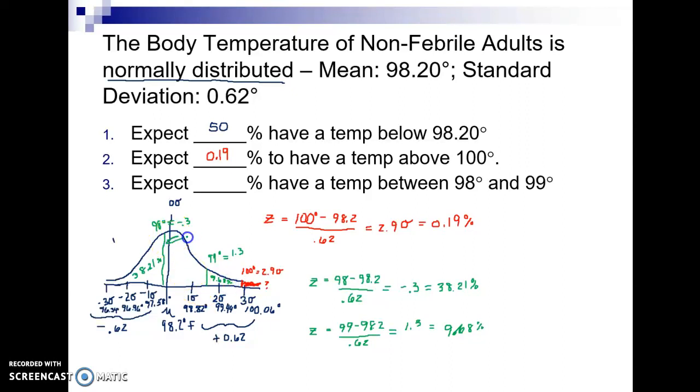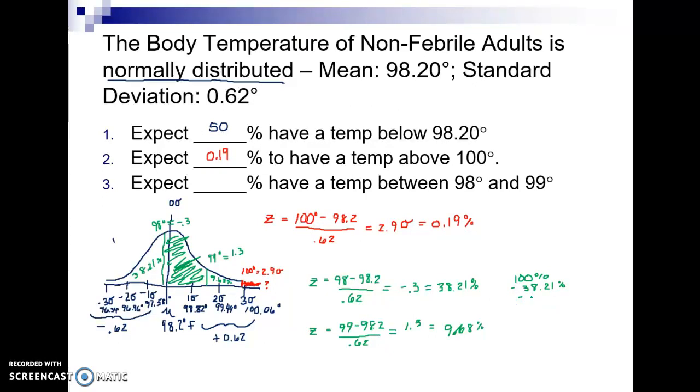But when I think about the area I'm asked for in between, I want this section. In order to find that section, I know that the entirety of the data is 100%. I don't want the lower section, so I'll subtract out 38.21% because that is too low.